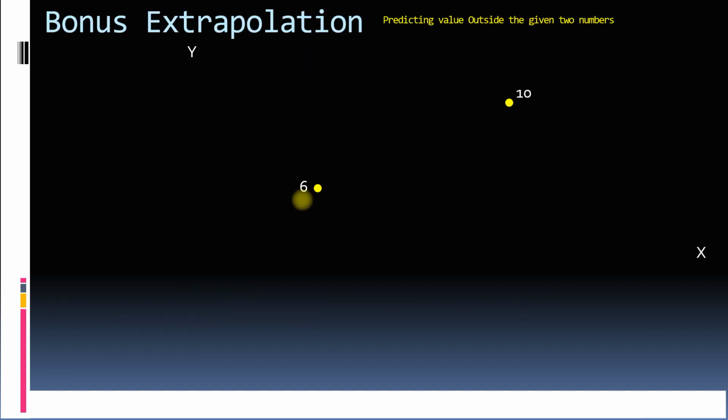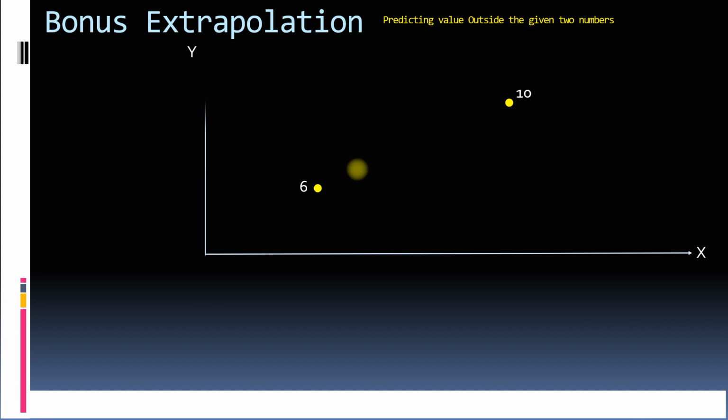Now we have finished interpolation. Here is a bonus topic, extrapolation. It's a type of estimation which is done beyond the original range. So if you want to predict a number whose location is outside these two numbers, then that is extrapolation.